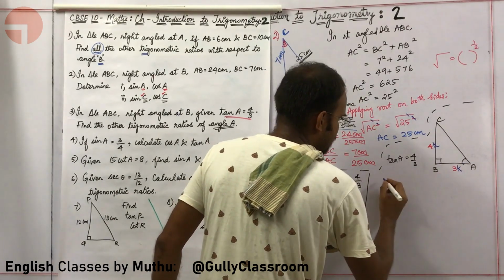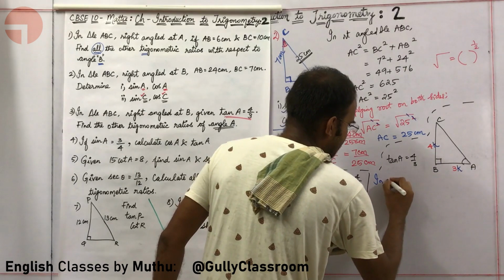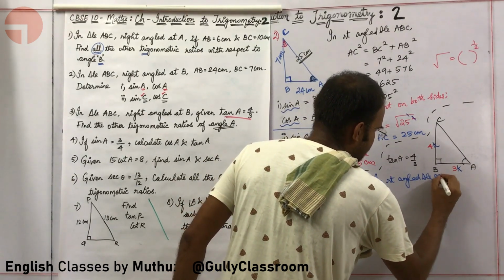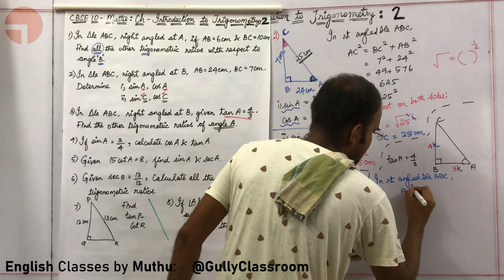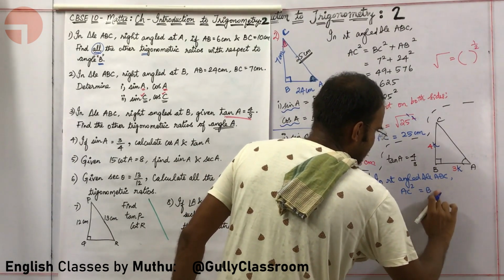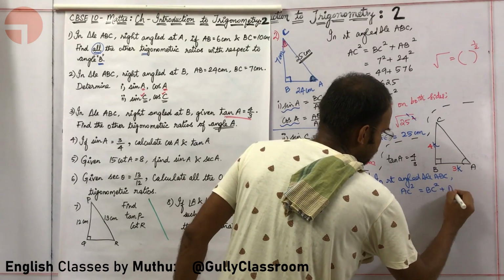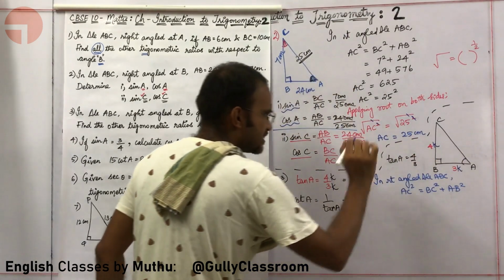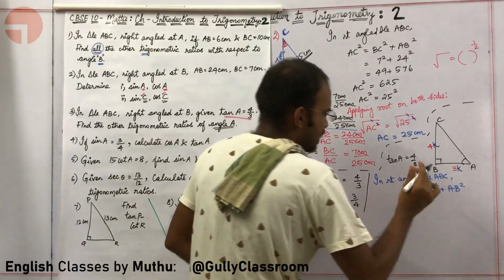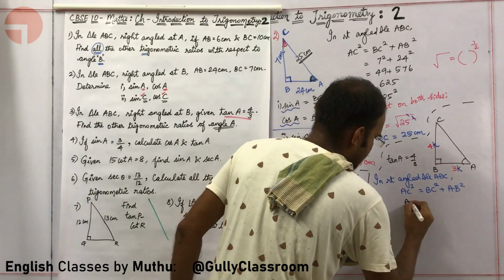In right angled triangle ABC, the hypotenuse AC square is nothing but BC square plus AB square. Let us substitute the values that we know. We do not know the hypotenuse.